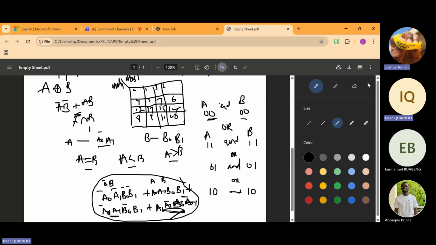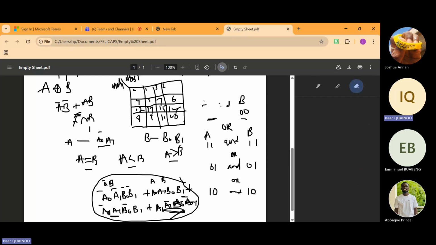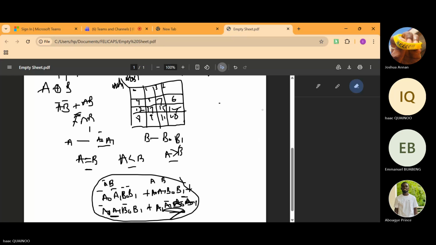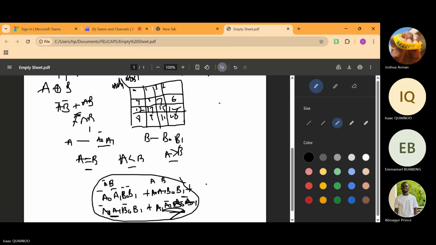All right, let me illustrate properly. Please, a second, let me illustrate properly. I think it's because the thing looks very messy, so you are unable to see through properly. So let's have that illustration right here.